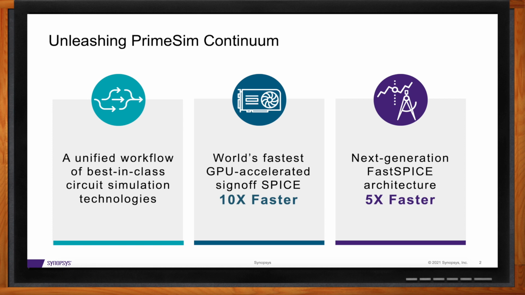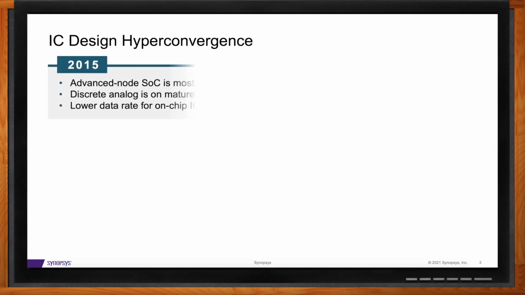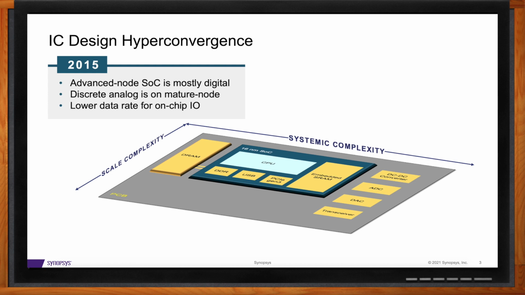Okay, so Hani, when it comes to IC design, we have come a very long way in a relatively short amount of time. And an important aspect of IC design today is the inclusion of what is called hyperconvergence, right? Can you talk about that a little bit? Sure. Let's take a look at an SoC from 2015, say a 16 nanometer SoC.